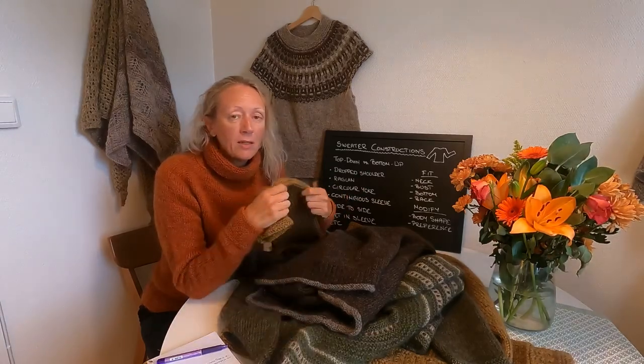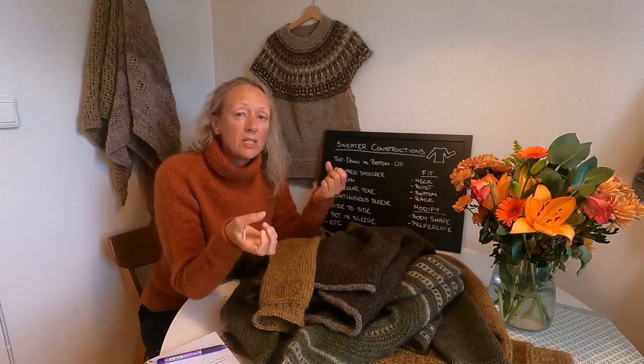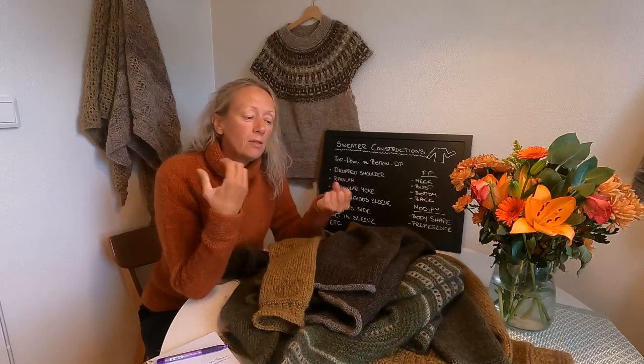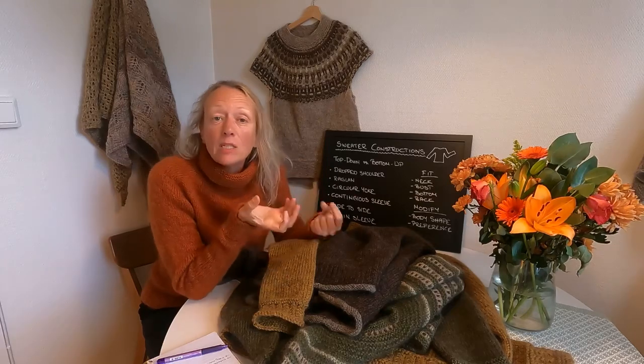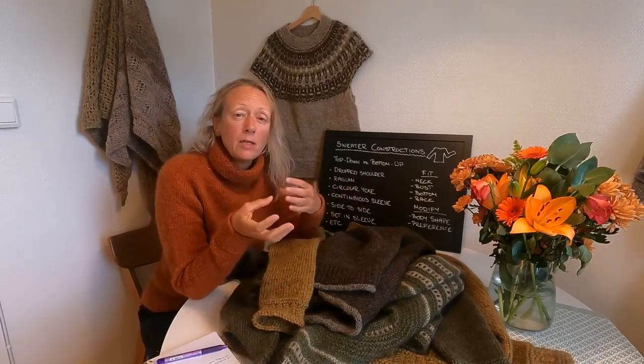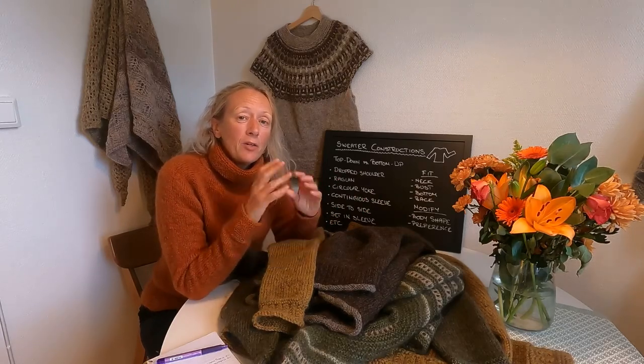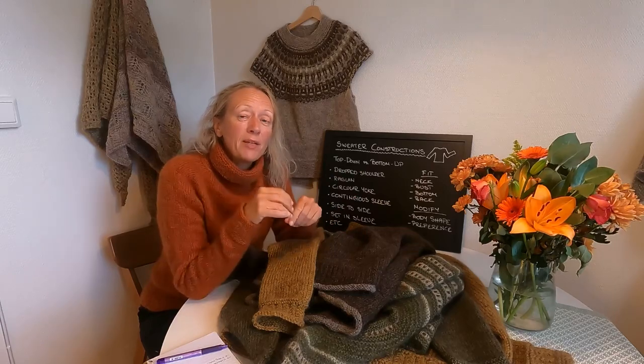To think that the unspun wool will have the same drape as something knitted in silk or cotton, you will probably be disappointed. So it is a difference in fabric. Construction plus fabric, and then you can have your preferred fit of your garment.